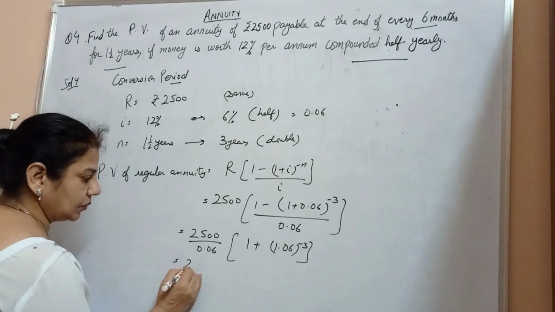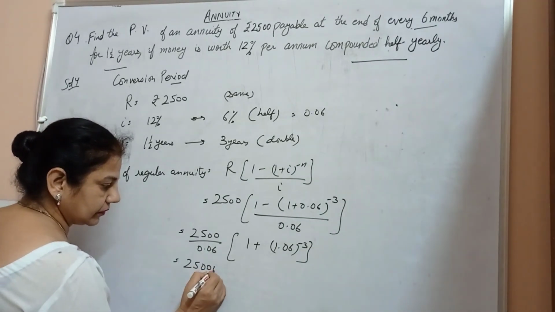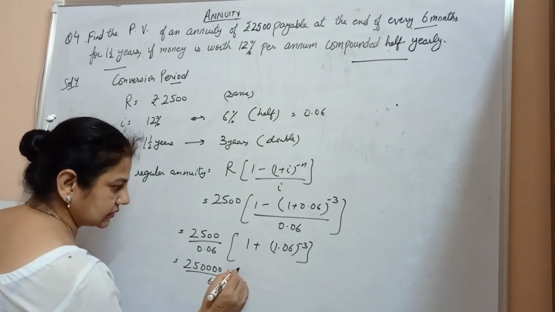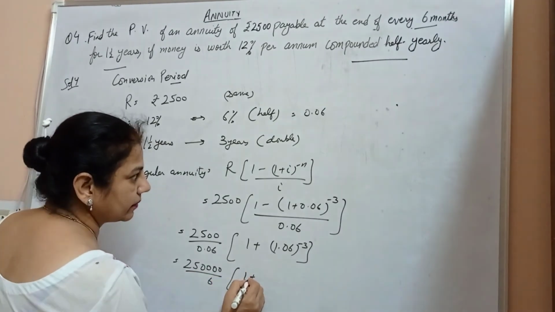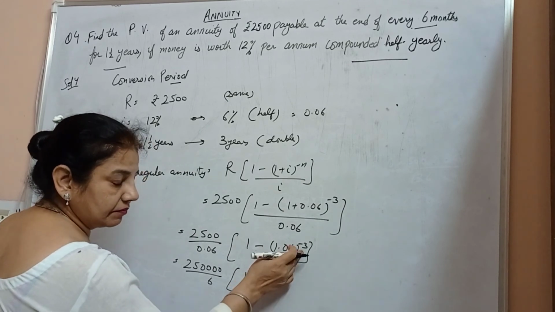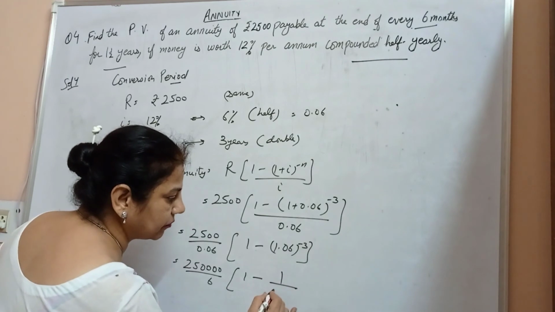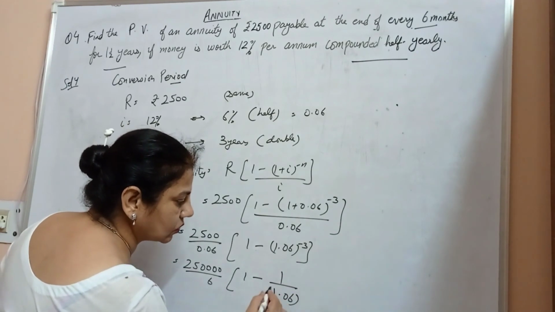This we get 2500 divided by 0.06. To make the exponent positive, I have to write it as 1 upon 1.06 whole cube.